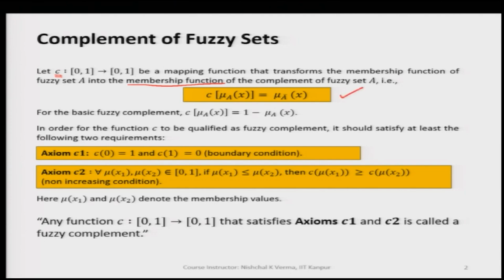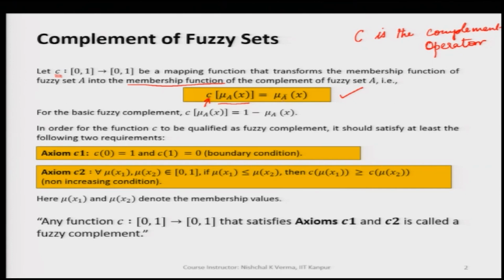So, we can see here that if we apply the complement operator C, let me write here, C is the complement operator, when this C is applied to the membership value, or membership function in case of a continuous fuzzy set, it returns us mu A bar of x.